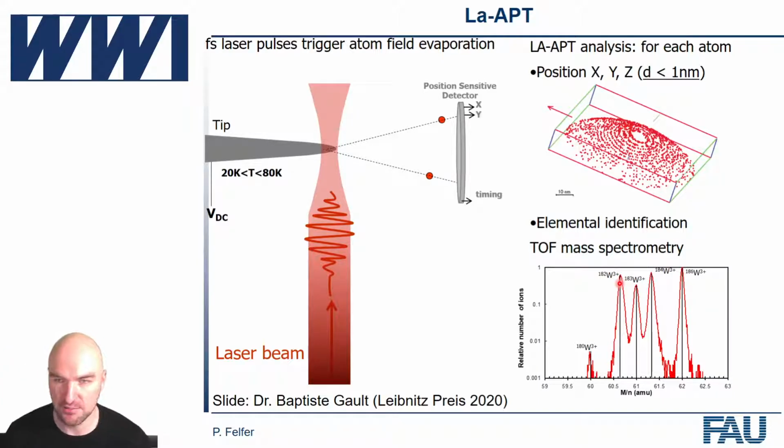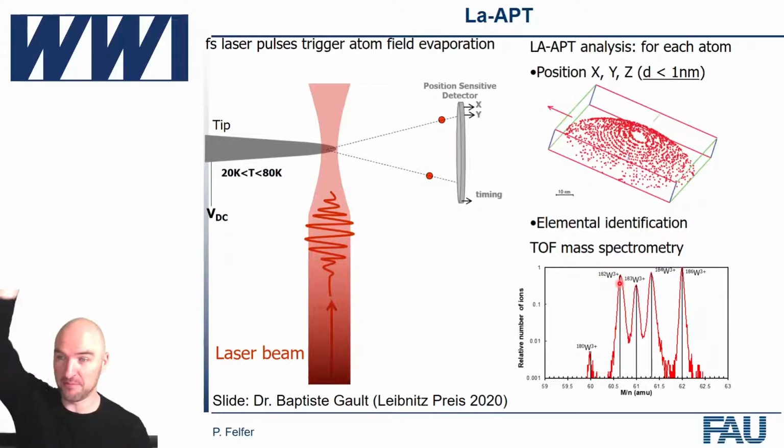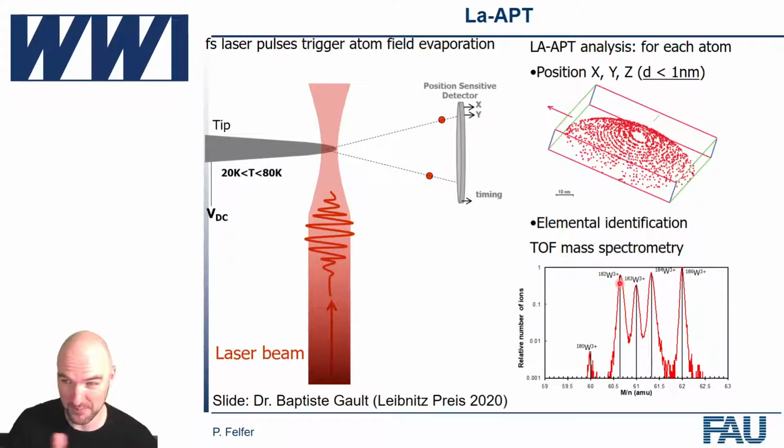Of course, these days we want to have a 2D resolution as well. So unless you can make a detector that's like a meter in diameter, you will have to place it somewhat closer to the specimen. Here also the reflectron helps.